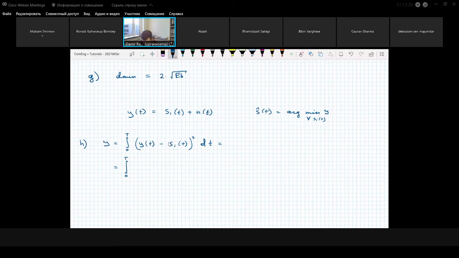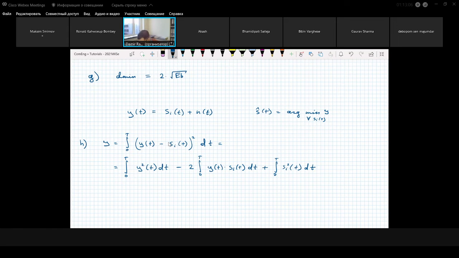So we have the integral from 0 to capital T of y squared of t dt, minus the cross product, 2 times the integral from 0 to capital T of y of t times S i of t, plus a third integral from 0 to capital T of S i squared t dt. So instead of 1 integral, we get these 3 parts.